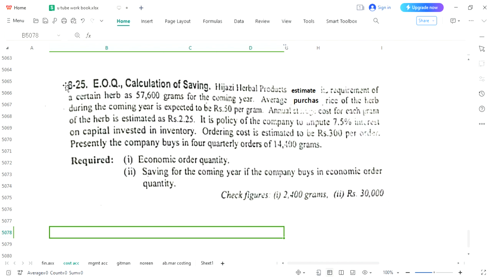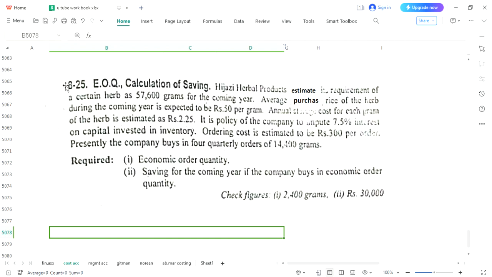Look, in a manufacturing concern, it's a key point: how many units should be taken to give the order. Sometimes some manufacturing concerns think that if they buy in bulk, a large number of units, they will get a lower price. In this way they will get financial benefit, and some manufacturing concerns buy a lower number of units so that they can put less amount on storing or other expenses.